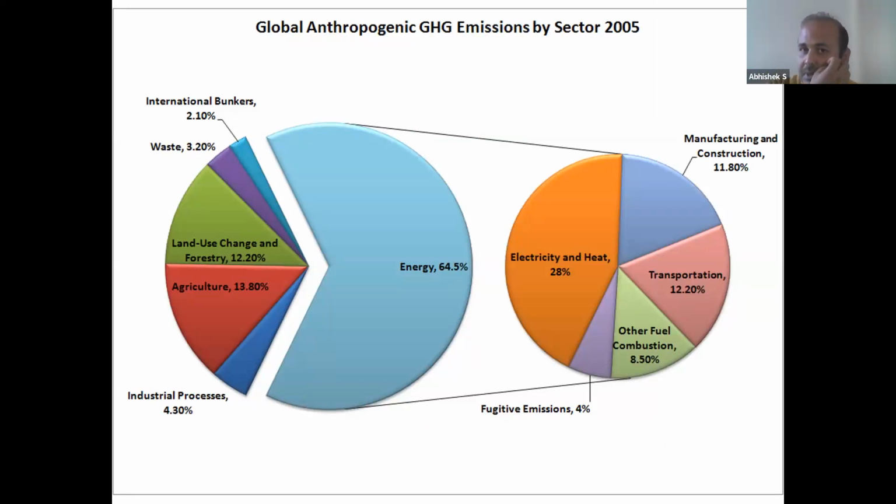As we can see, the energy related effects are the major contributor to greenhouse gases in the world. 64.5% of greenhouse gases are generated due to our energy consumption and energy related needs, be it transportation, fuel combustion, manufacturing, electricity.